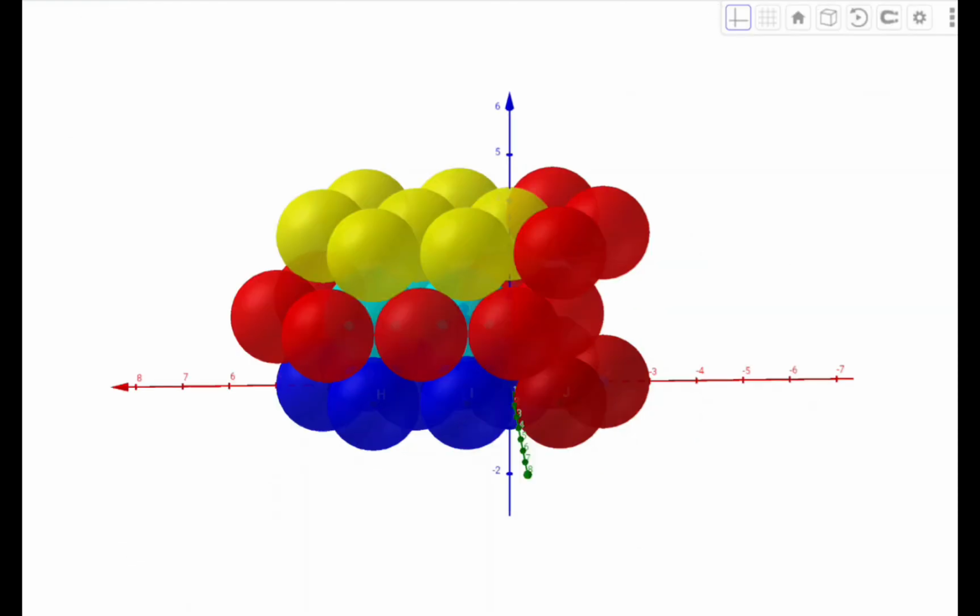Now this sequence here is A, B, this is the blue one, and this is C. It's not on top of A. In this case, the sequence is A, B, C, A, B, C, and again, as we mentioned before, it's FCC structure. And since it's FCC structure, the packing fraction for this structure is the same as FCC, it's 0.74.